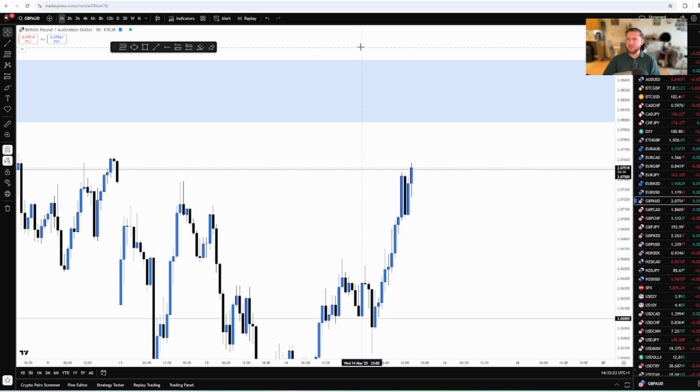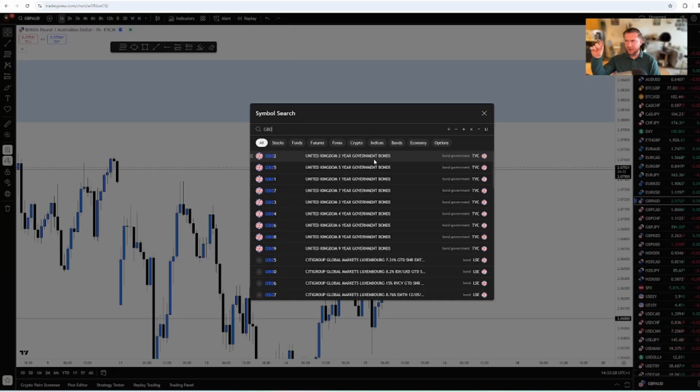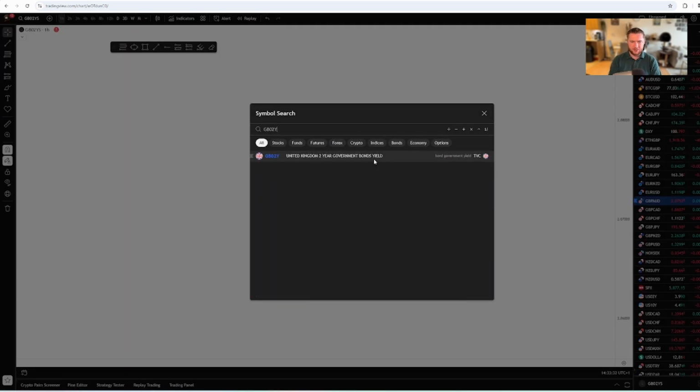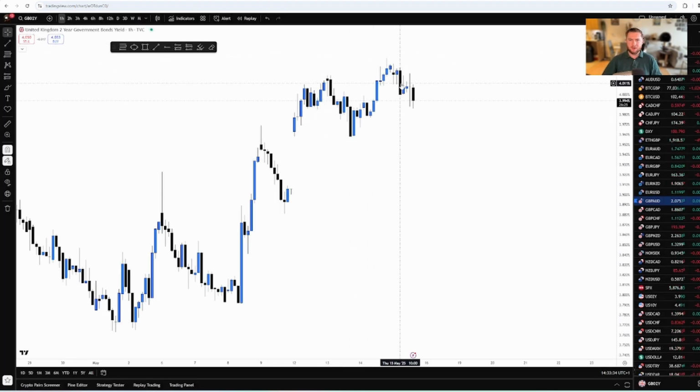So that suggests that maybe if we look at gilts, because remember the pillars to FX, gilts, oh, wrong one, GB02Y, yields did fall to some degree, actually. Quite surprising, though. I wouldn't have expected that to fall a little bit. Although, let me see, this morning, 7 o'clock.